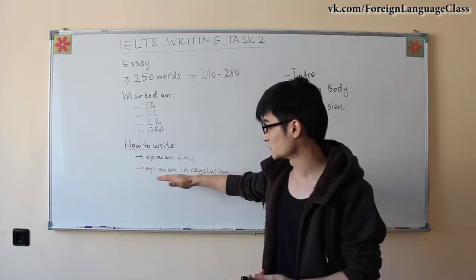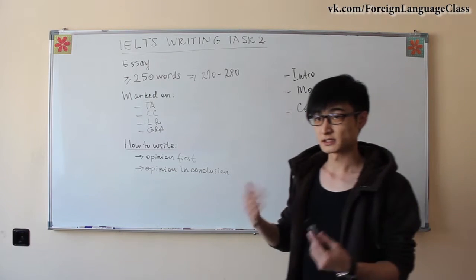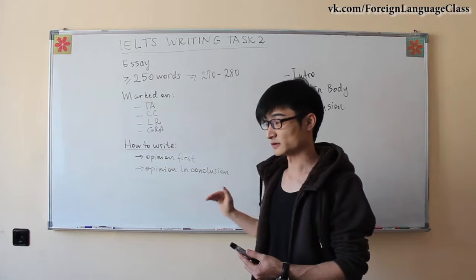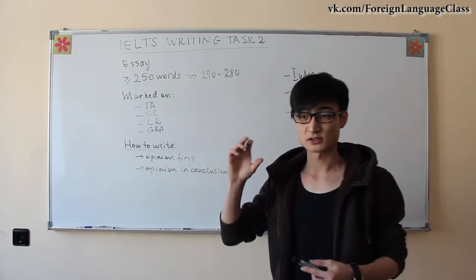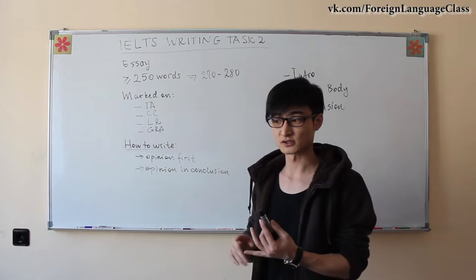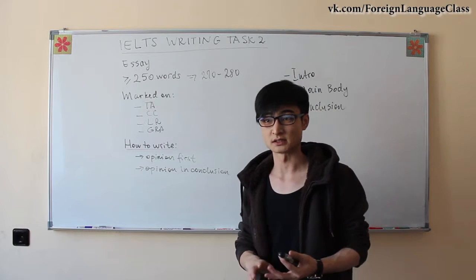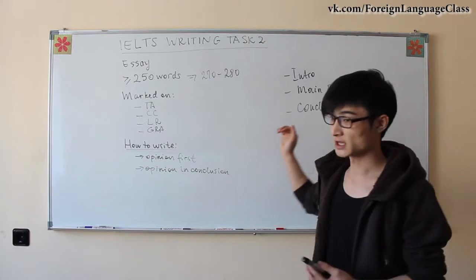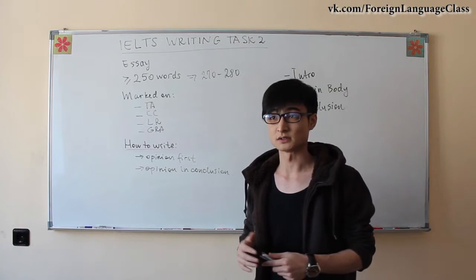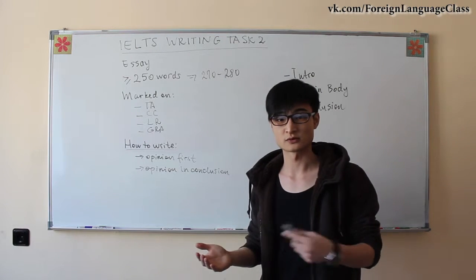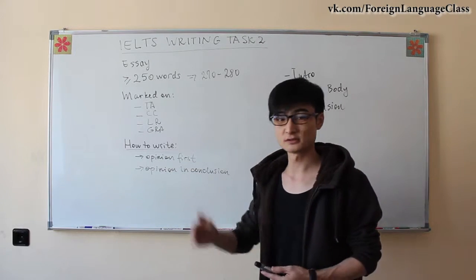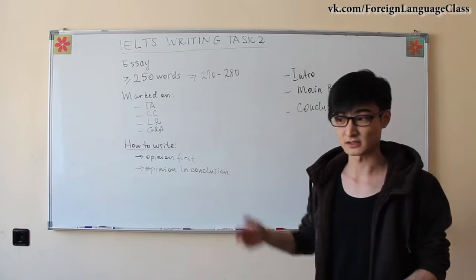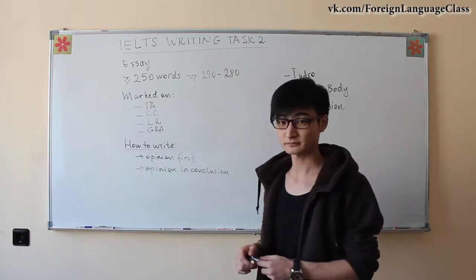And the second is opinion in conclusion. So in this variant, you do not write your opinion right away. You just rephrase, you give just a topic, general idea and question in the introduction. Then in the main body you describe pros and cons, advantages and disadvantages, and in the conclusion you write your opinion. That's two different variants.